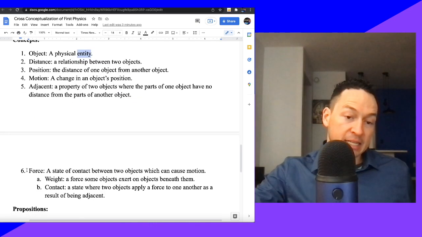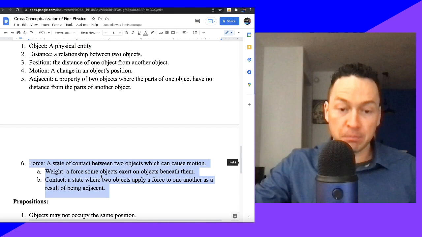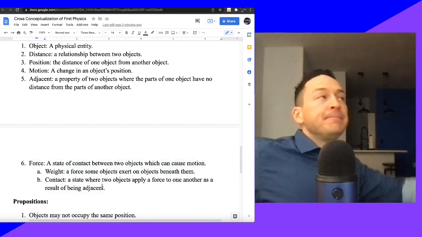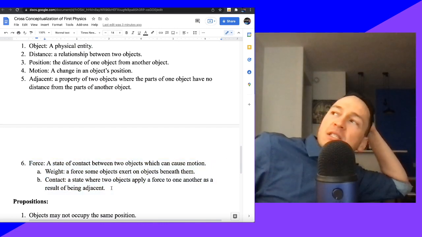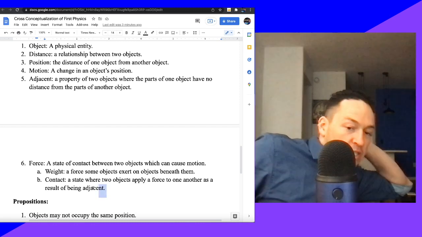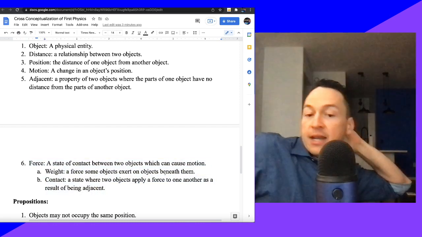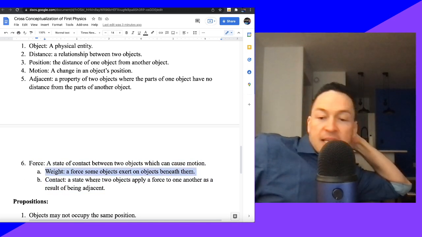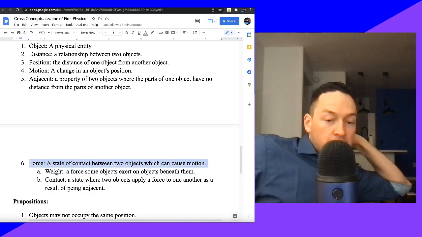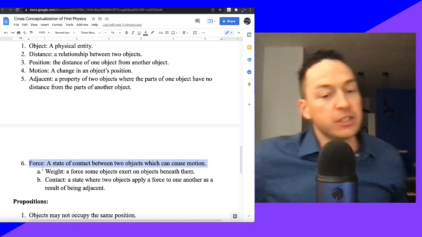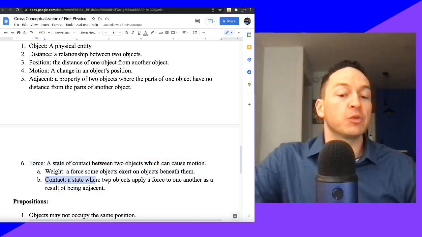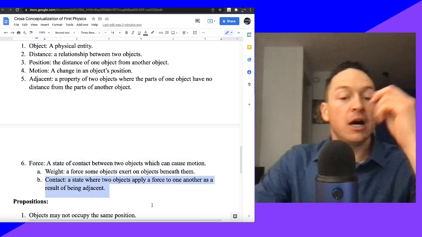I've already done that here. We have force and we have two species of forces. This is a relationship between concepts called subsumption. It's when one class is a subclass of a wider class. There are forces which are weight forces. There are forces which are contact forces.